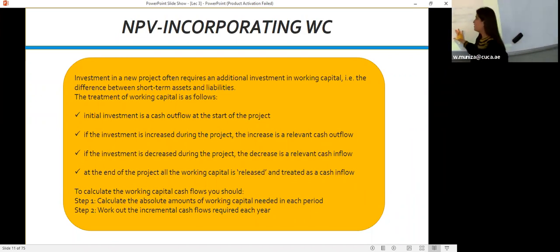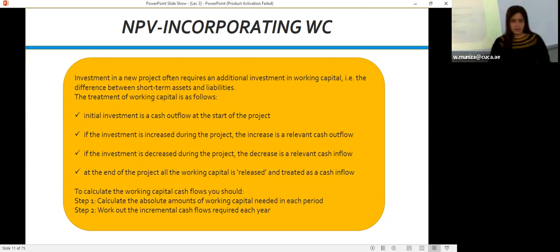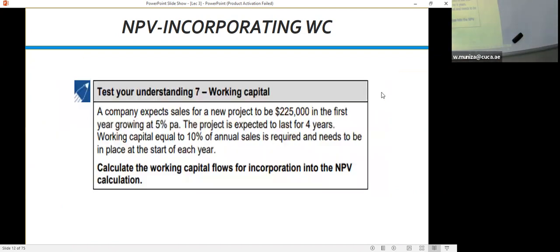They have written 2 steps, but do not read from here, you will be confused. Do this understanding so that we can know how to incorporate the working capital into our calculation.